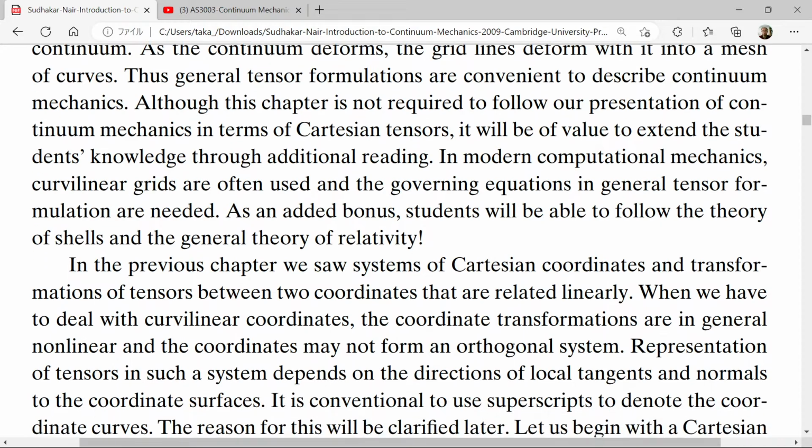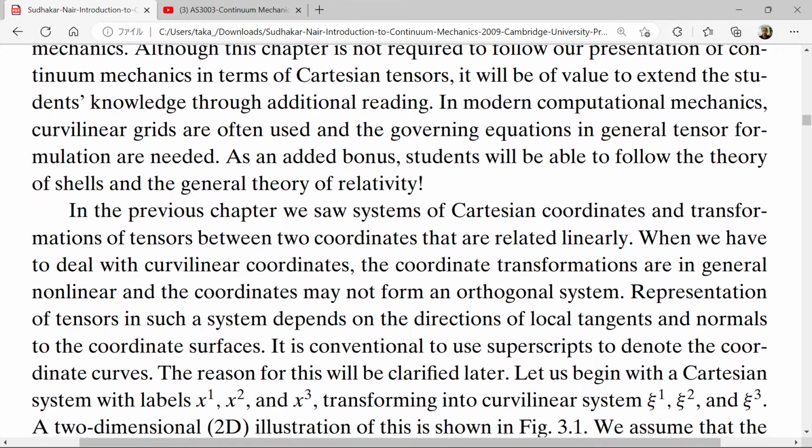Thus, general tensor formulations are convenient to describe continuum mechanics. Although this chapter is not required to follow our presentation of continuum mechanics in terms of Cartesian tensors, it will be of value to extend the student's knowledge through additional reading.